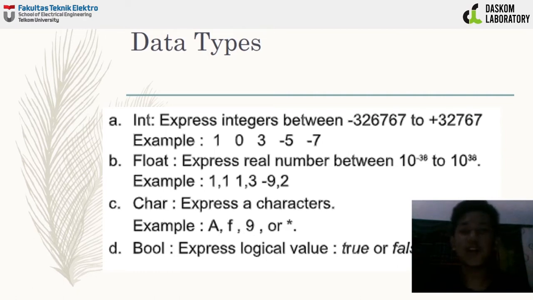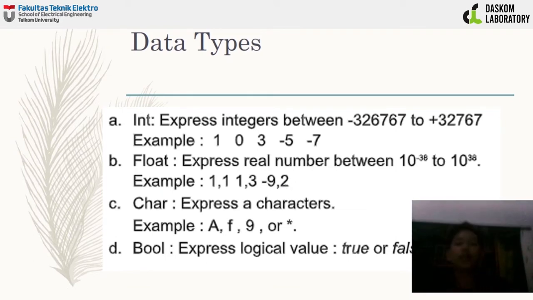Second is float. Float expresses a real number between 10^-38 and 10^38. For example, 1.1, 1.3, -9.2.